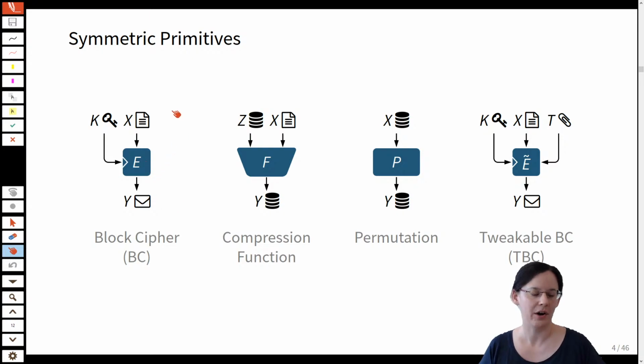Or part of which message is this plain text block here? So the same plain text block would always be translated the same in case of a simple block cipher. And you have to do some tricks in order to get actually rid of this and to make sure that the same plain text does not always lead to the same ciphertext. And one way to do this, to take this context into account, is this tweak here.